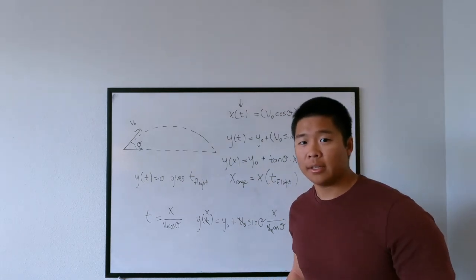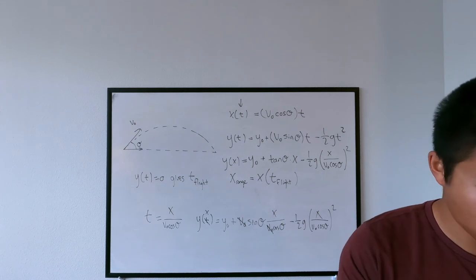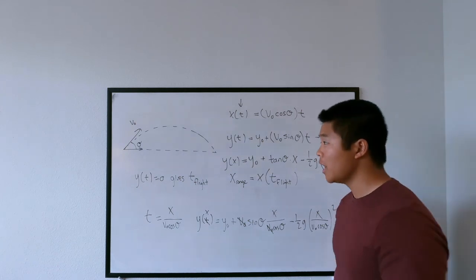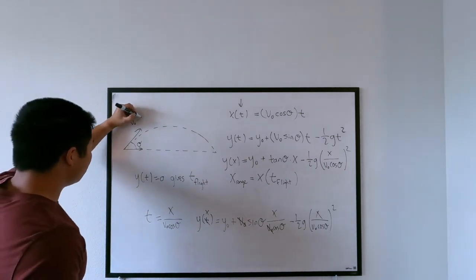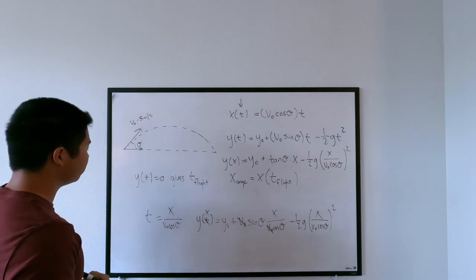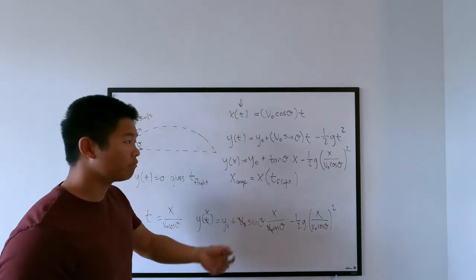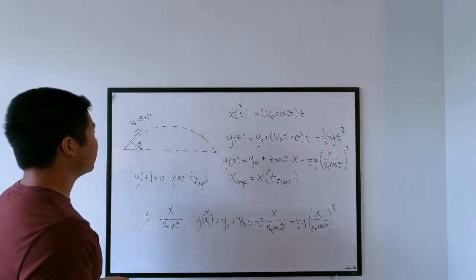So that is sort of a way to gauge and understand what's going on in your problem, because if it says, hey, we're gonna launch this thing at 5 meters per second, which is not that fast, right? That's about the speed of like a middle school track runner. 5 meters per second.